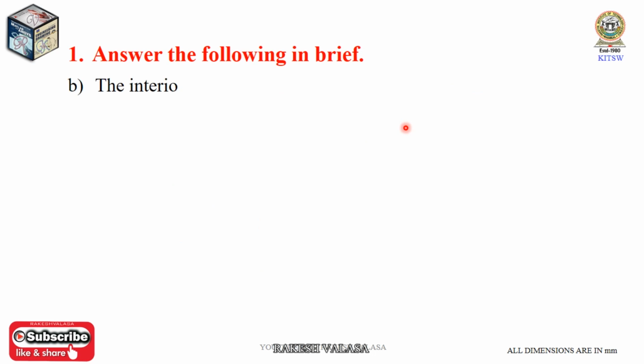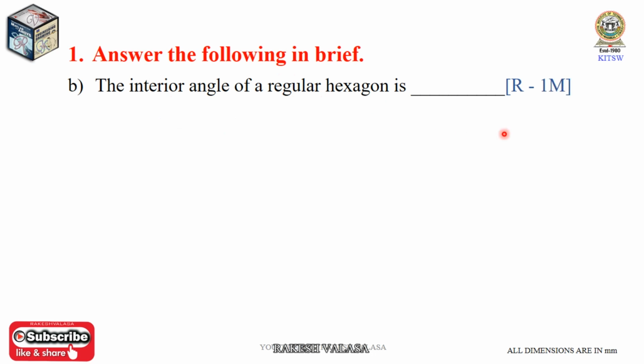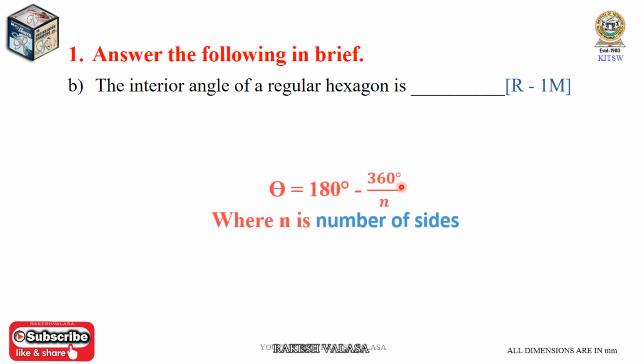Question number B. The interior angle of a regular hexagon is dash. We know one formula to determine the interior angle of any polygon: theta equal to 180 degrees minus 360 degrees by n, where n is the number of sides.